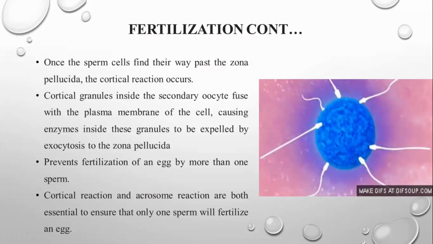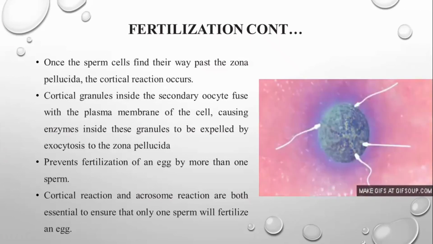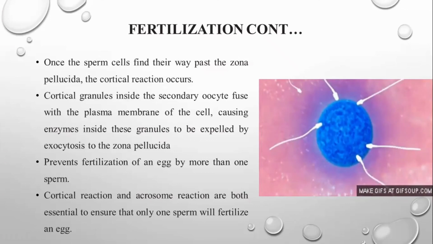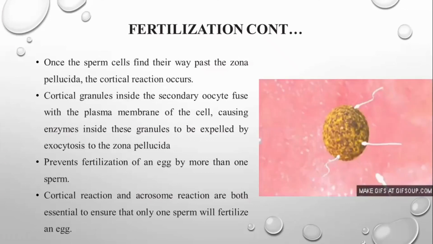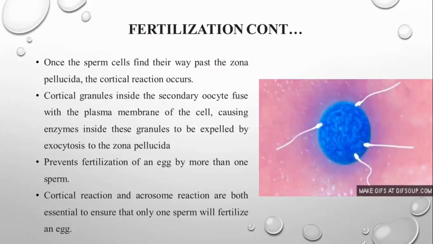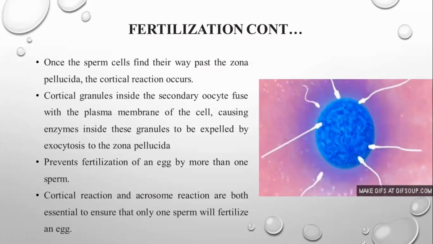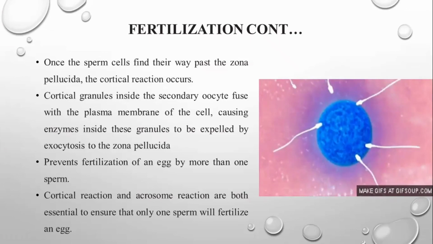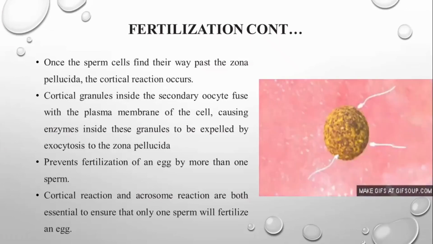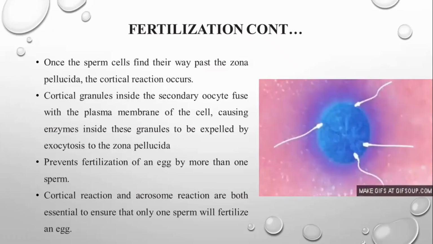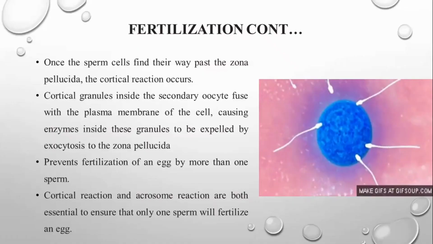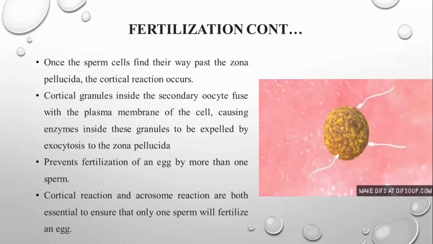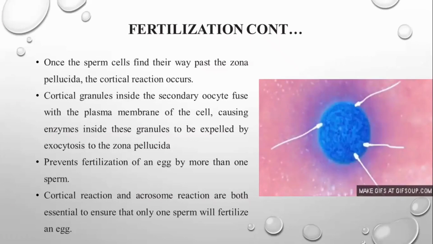Even though there is a probability that two sperm may enter the ovum at the same time, the cortical reaction and acrosome reaction will take care and see to it that only one haploid cell from the sperm will fertilize with the haploid cell of the ovum.